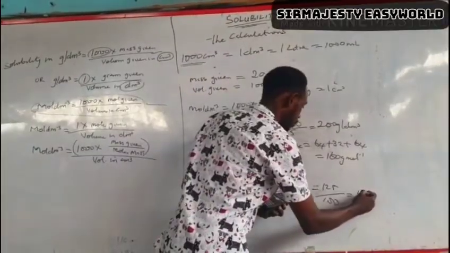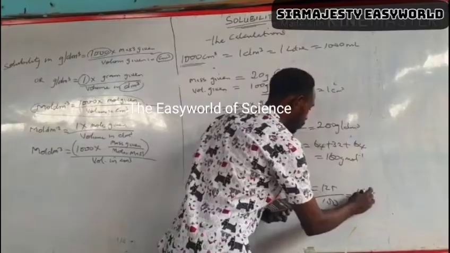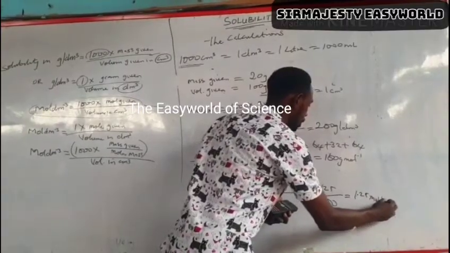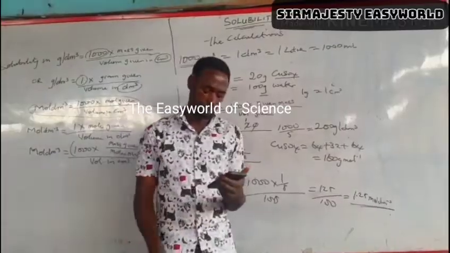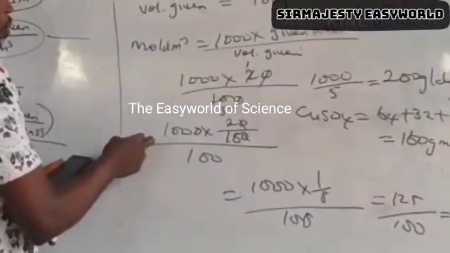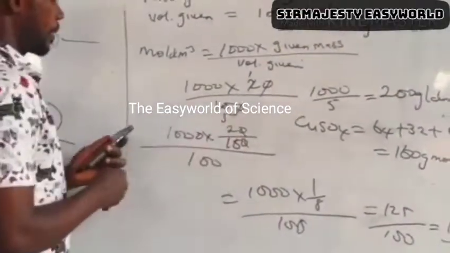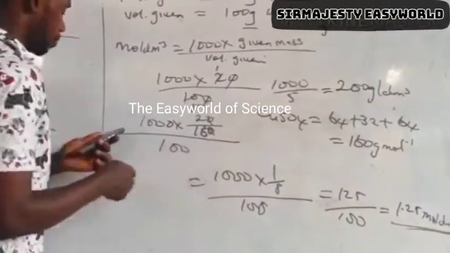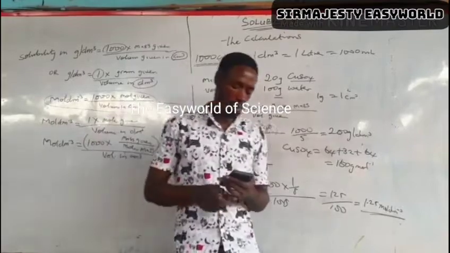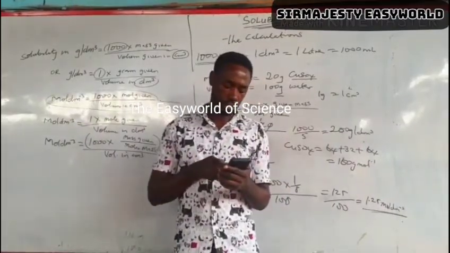So that should be 1.25, sorry, 1.25 mole per dm³. That's our final answer. Remember the cheat I used? 1000 times mass given all over molar mass, which is 160, divided by volume given. Okay? We see another example.